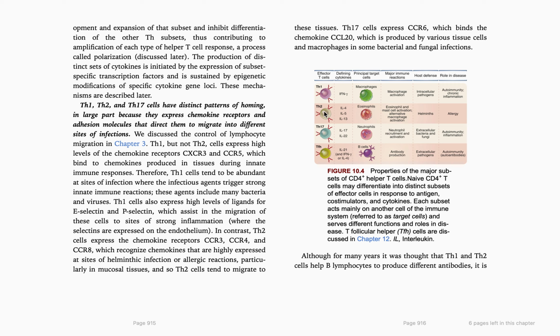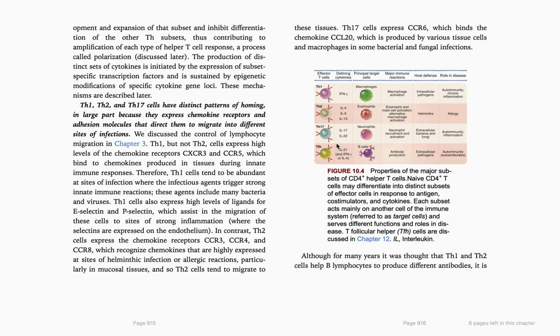When you come to T helper 2, this mostly produces interleukin 4, 5, and 13, and the principal target cell is the eosinophil, and major immune reactions are eosinophil and mast cell activation and alternative macrophage activation. Host defense is mostly to fight helminths, and its role in disease is mostly allergic. Then we have T helper 17.